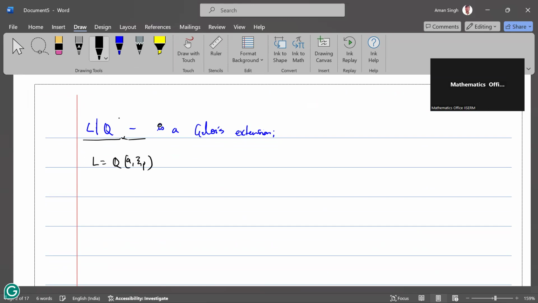But this extension can be written as Q(a) and then Q(a, zeta p) over Q(a), over Q. So the minimal polynomial which a satisfies, is this a Galois extension or not?